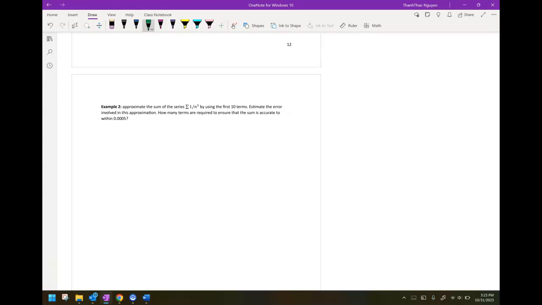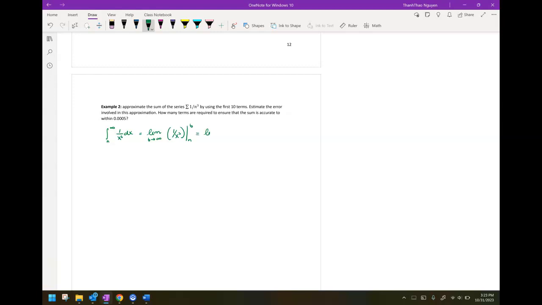The integral from n to infinity of f of x, that is 1 over x to the third dx. This equals the limit as b approaches infinity of negative 1 over 2x squared, evaluated from n to b.